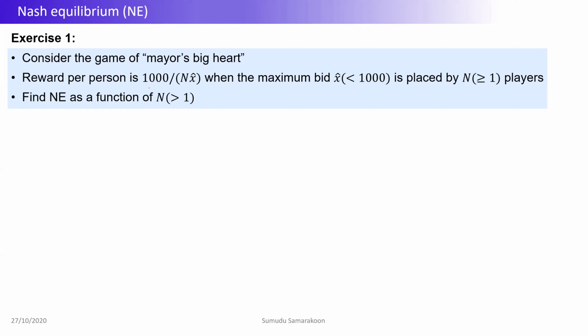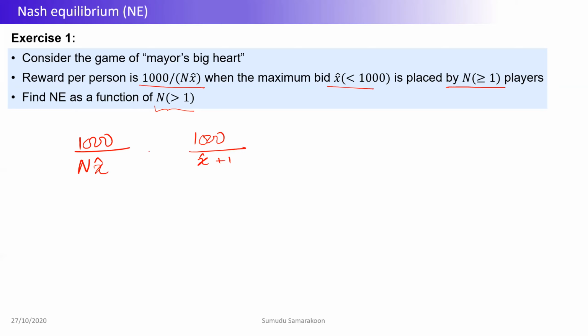And reminding again the reward given the maximum bid and the number of winners. So the target now is to find the Nash equilibrium when the number of winners is larger than 1. Now consider two cases: sticking with the same bid versus selecting a bid slightly larger than the current one, which yields this payoff.